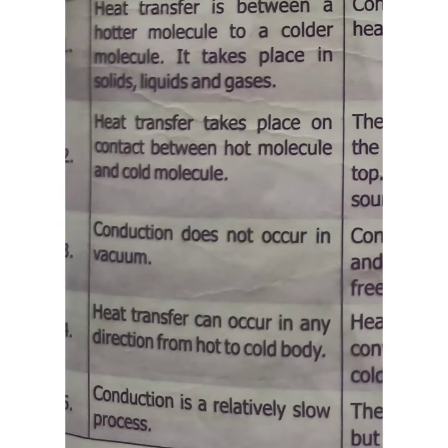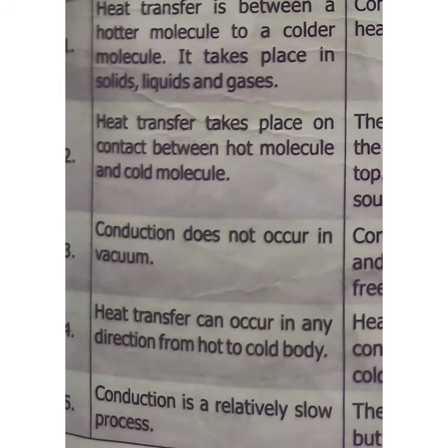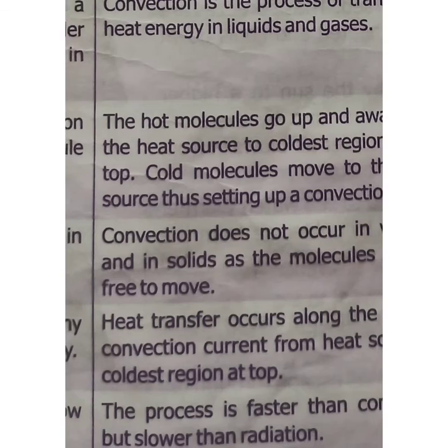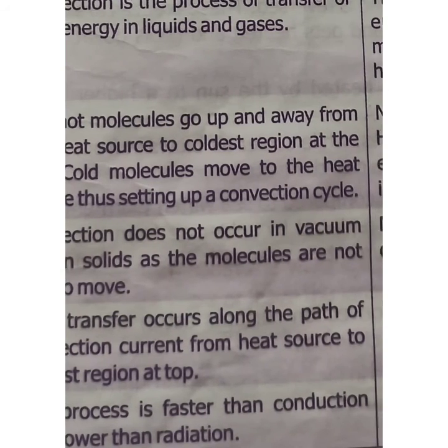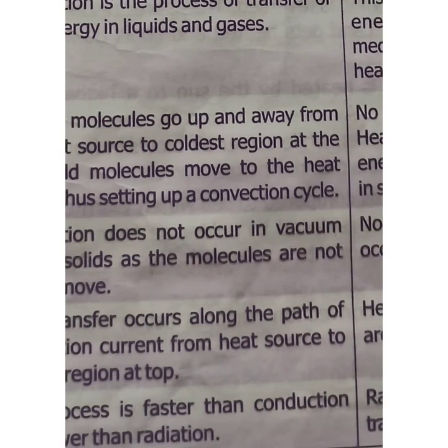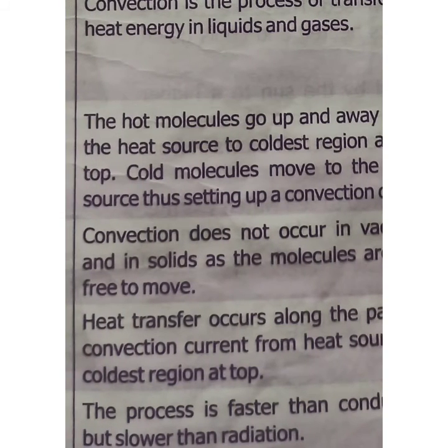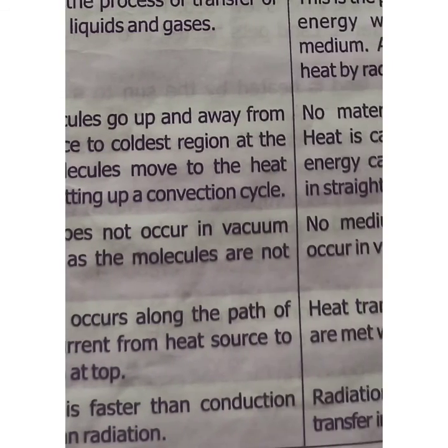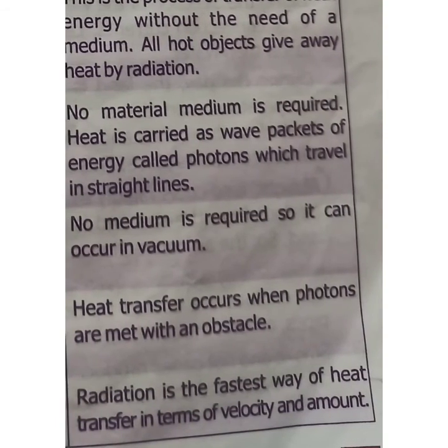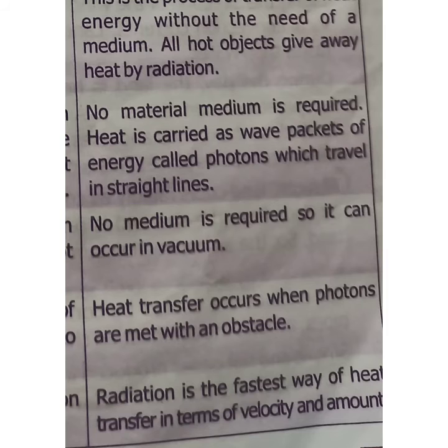In conduction, heat transfer can occur in any direction from hot to cold body. In convection, heat transfer occurs along the path of the convection current from heat source to the coldest region at the top. In radiation, heat transfer occurs when photons meet an obstacle.